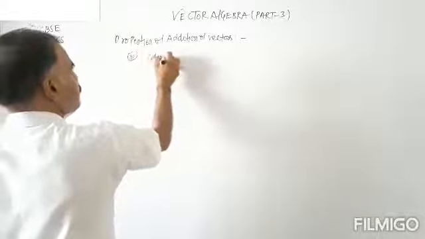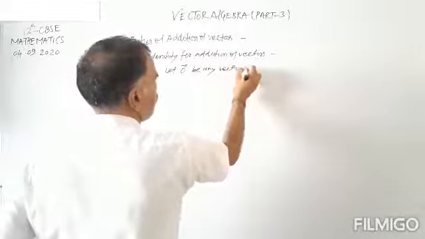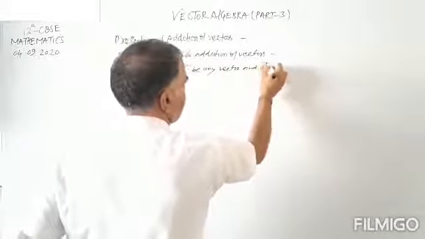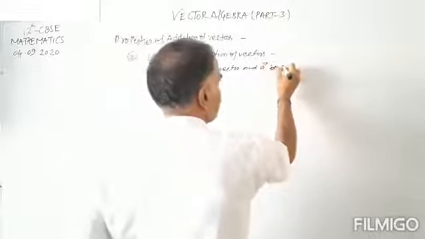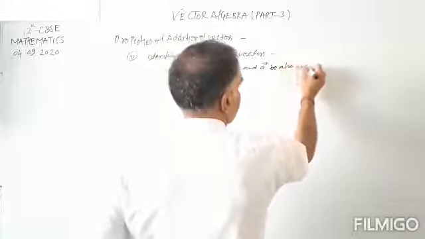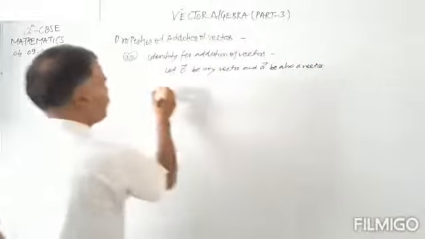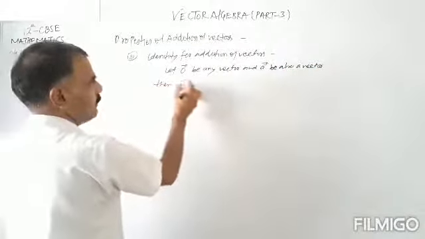Okay, let 0 vector be any vector and A vector be also a vector. Okay, then A vector + 0 vector is equal to A vector, which is equal to 0 vector + A vector.